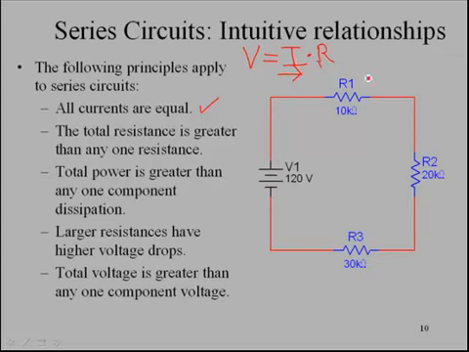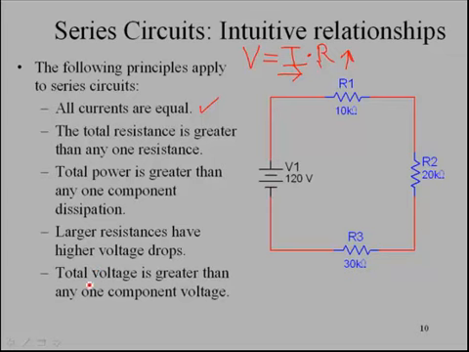Now, if the resistance goes up, then the voltage drop across that component will increase. We have three components here. This is the largest, 30K, so this would have the largest voltage drop based upon the formula that current times resistance equals voltage. Since this has the largest resistance and all currents are equal, the drop here will be the largest.